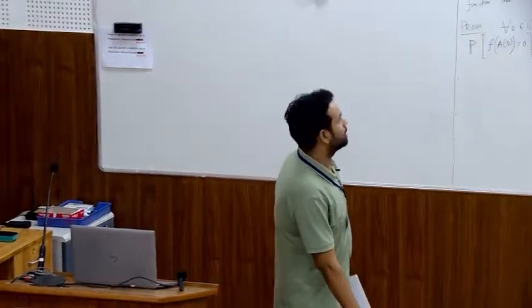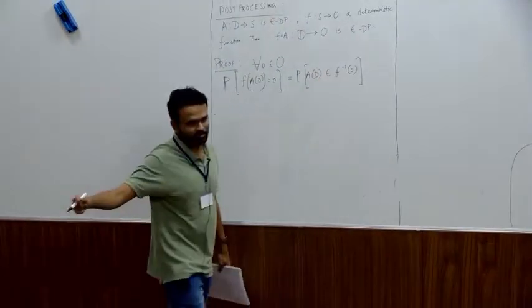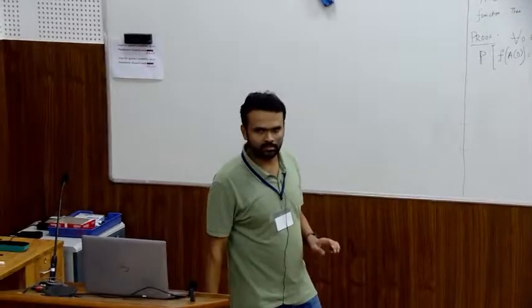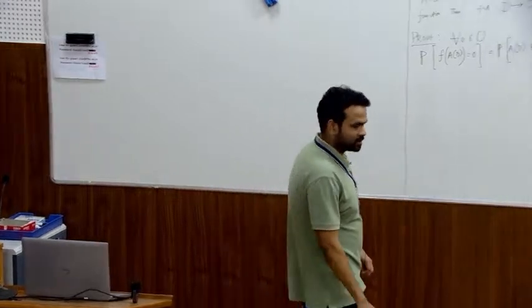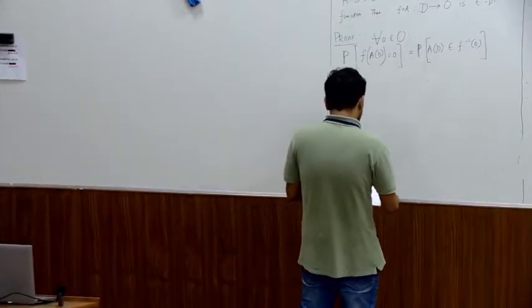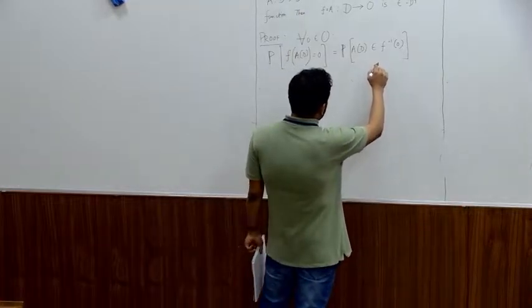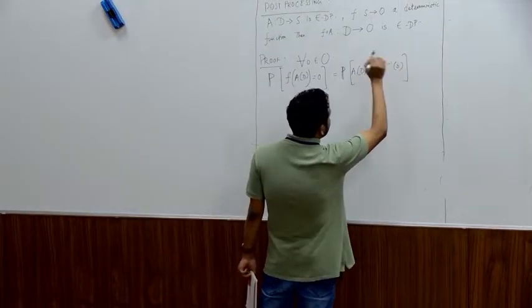A(D) belongs to f inverse of o. You are right, not A(D) equals f inverse. Everyone understands why this is the case? It's the pre-image: f inverse of o is the pre-image of o under f.